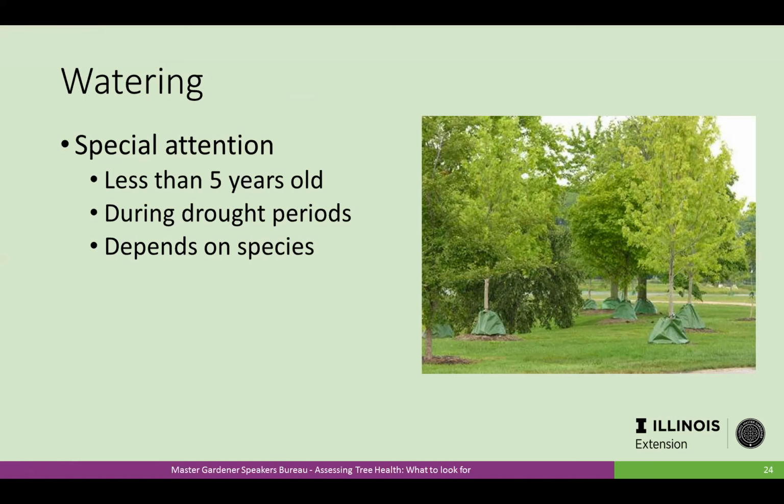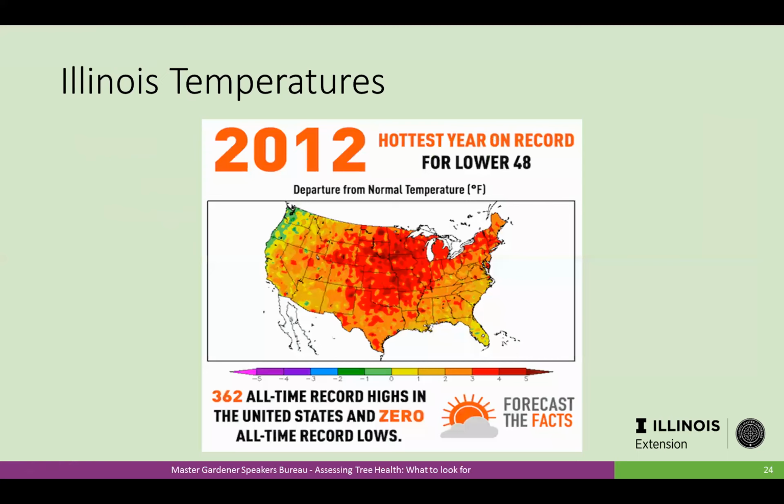So do you remember the drought of 2012? I've got a master naturalist friend, Steve Moddert, and we were just talking about it the other day. There are still trees that are suffering from the drought of 2012. Trees are very slow to get where they're going, and when they've been injured, sometimes it takes them a while to die.